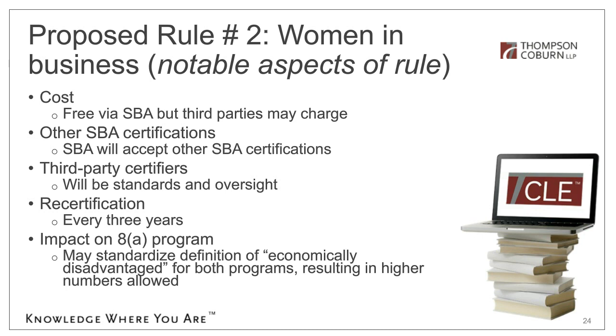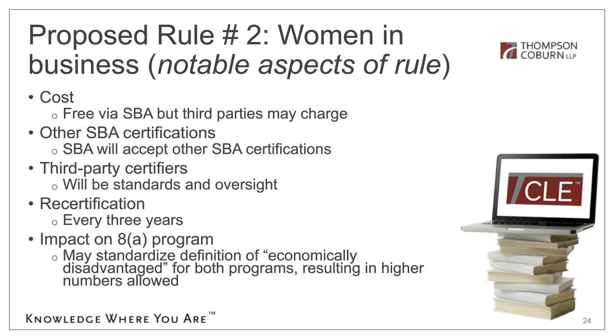So that'd be something that would be available to concerns that are going through a third-party certifier under this proposed rule. Recertification would have to happen for these women-owned small businesses every 3 years. And the last thing I will note, though, is that SBA was trying to align the women-owned small business program with the 8A program, and so they were looking at ways to standardize the definition of what economically disadvantaged means under both of them.